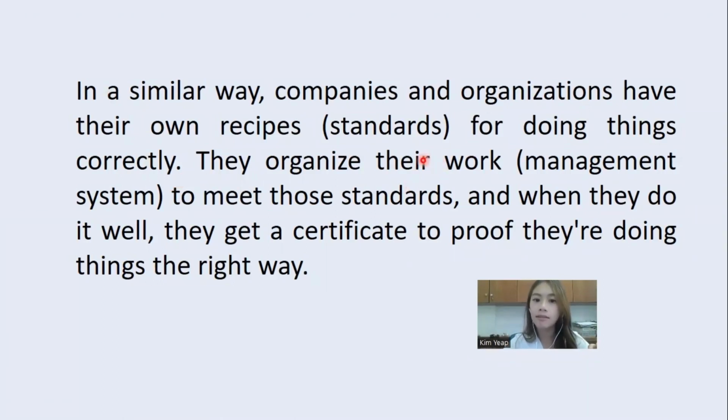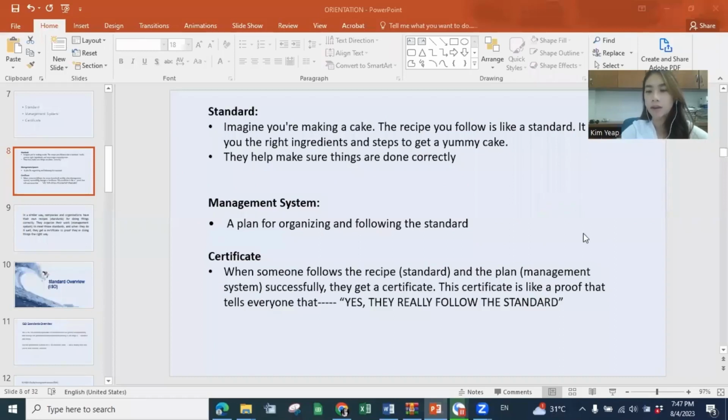They organize their work to meet those standards. And when they do it well, they get a certificate to prove that they are doing things the right way. Okay, in case the explanation still sounds a bit vague and you still can't see the linkage between these three, I'm going to take a standard to give you an example.